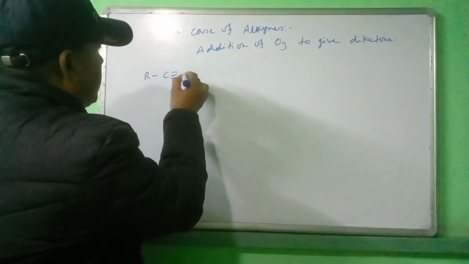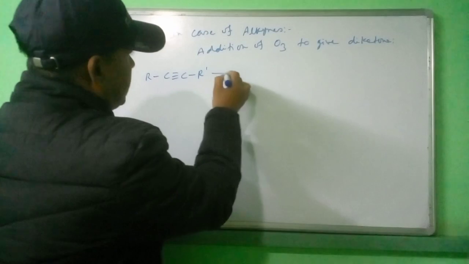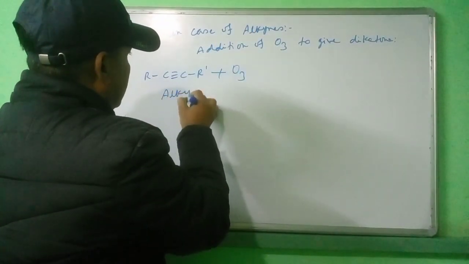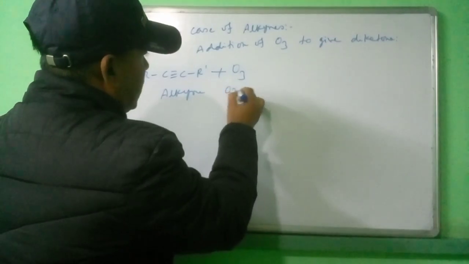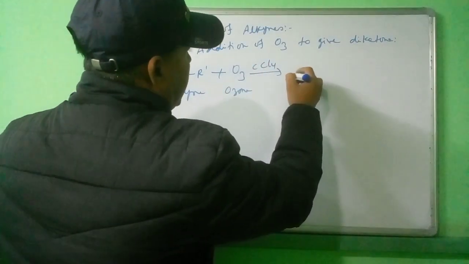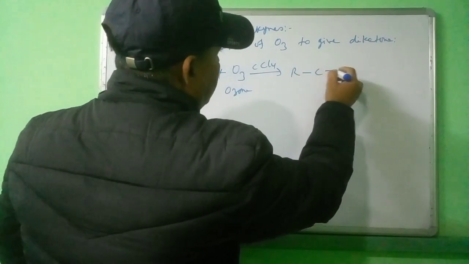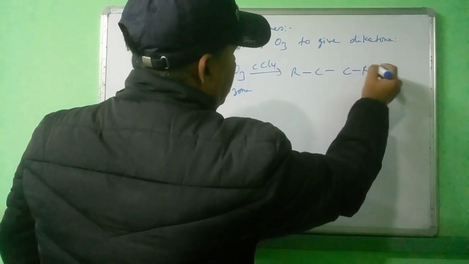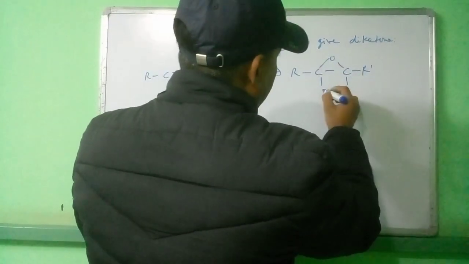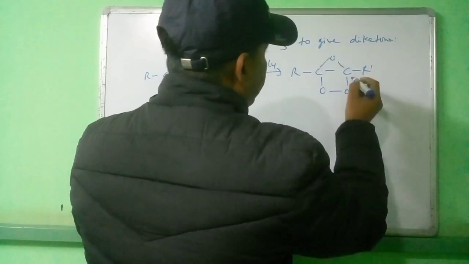R C triple bond C R prime, O3, alkyne, ozone, CCl4, then ozonide is formed. So this type of ozonide is formed. Okay.